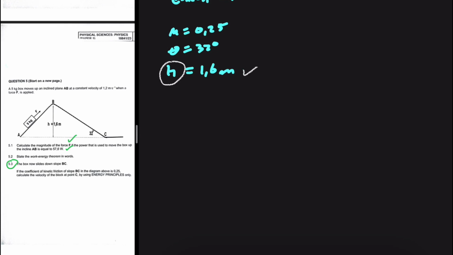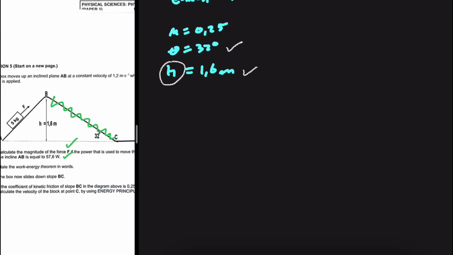Obviously, from the height and our angle theta, we can find the length of our incline. We can easily see that sine of 32 is equal to the opposite, which is our height, divided by our hypotenuse BC. So BC is just equal to 1.6 divided by sine of 32.